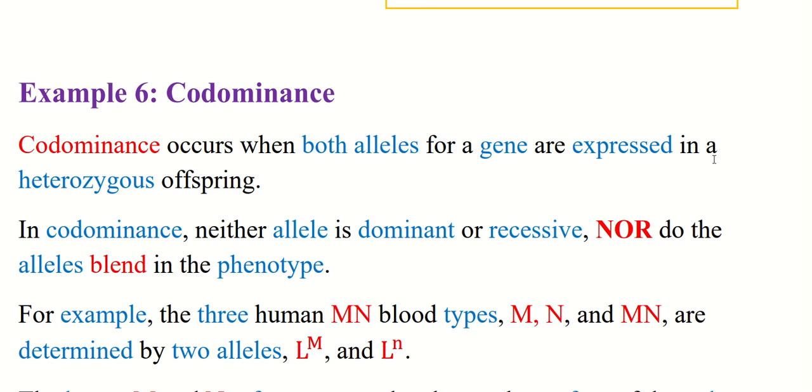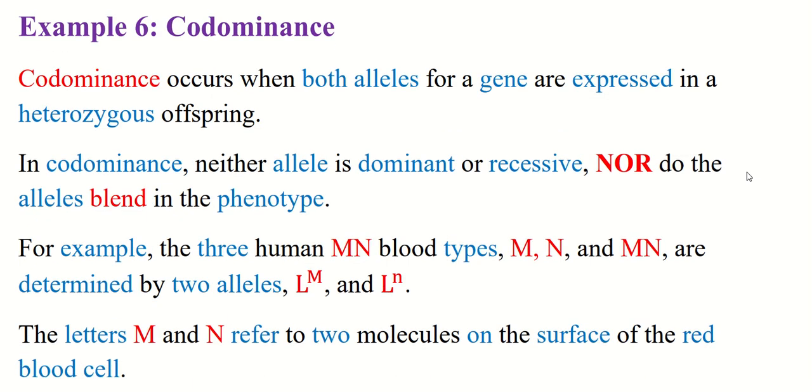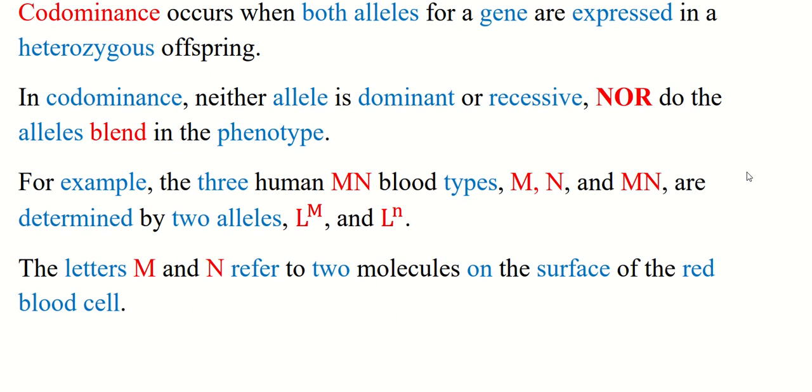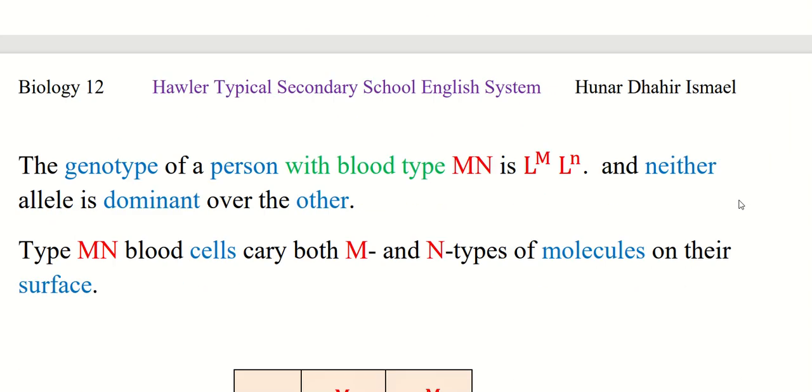Example 6, we have codominance. Codominance occurs when both alleles for a gene are expressed in a heterozygous offspring. In codominance, neither allele is dominant or recessive, nor do the alleles blend in the phenotype. For example, the three human MN blood types, M, N, and MN, are determined by two alleles, LM and LN. The letters M and N refer to two molecules on the surface of the red blood cells.